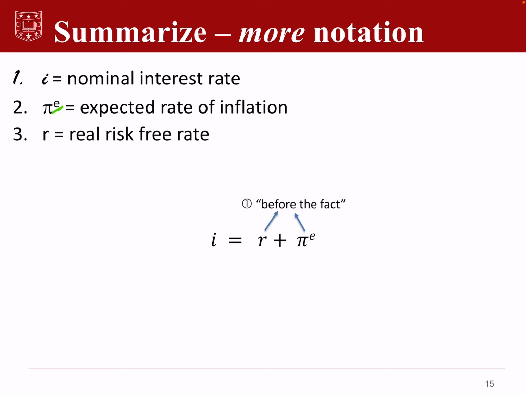They can observe or get a good estimate of the real risk-free rate. They form an expectation of what inflation is going to be over the duration of the loan, say over the next year. And they add those two things together, and that gives a value for the nominal interest rate. And so it might involve some negotiation back and forth, but the borrower and lender then would agree to this transaction at the nominal interest rate.